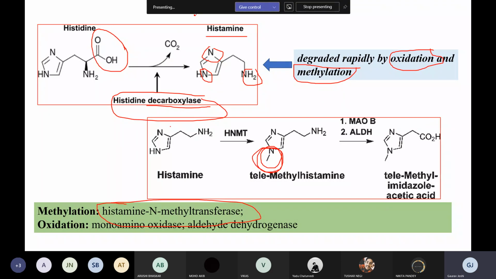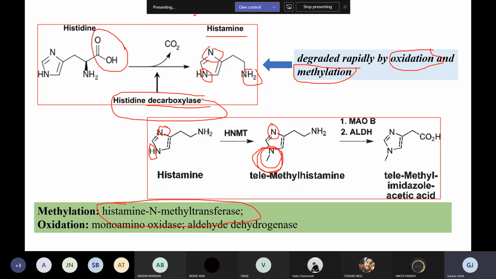Why is it not going to this side, based upon your organic chemistry? Anyone? Simple organic chemistry. Because this proton can be abstracted and replaced.